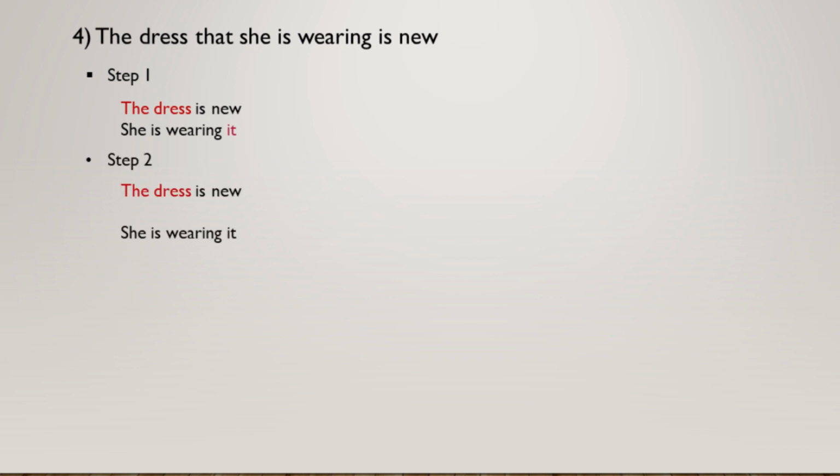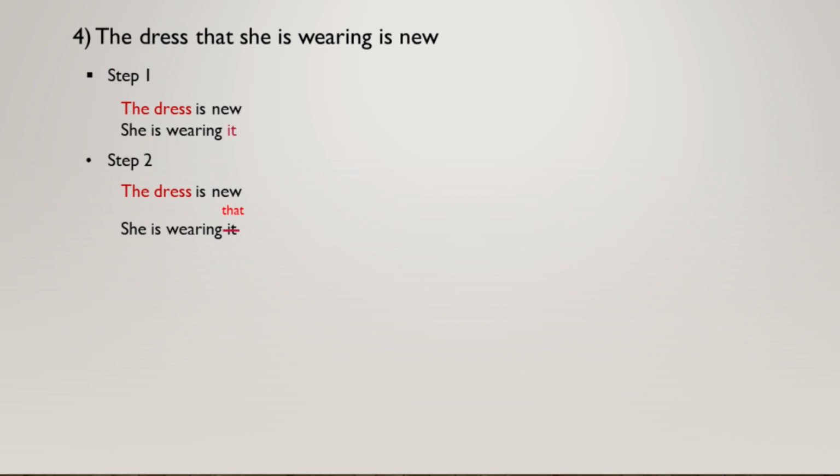We are going to make the second sentence the adjective clause, so replace the repeated noun or pronoun with the correct relative pronoun. It, we can replace with which or that because it is a thing and also the object. So it can be replaced by which and that. But in this case, I will replace it with that.